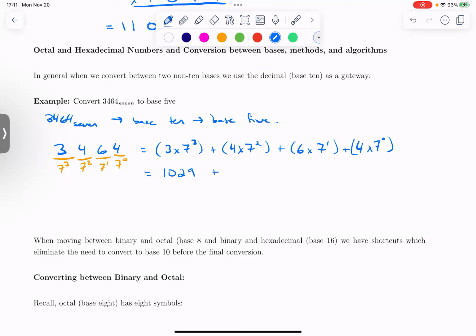And 7 to the power of 2 is 49 times 4. 1029 plus 196 plus 42 plus 4. I get 1271, and that's in base 10, which we know and love.